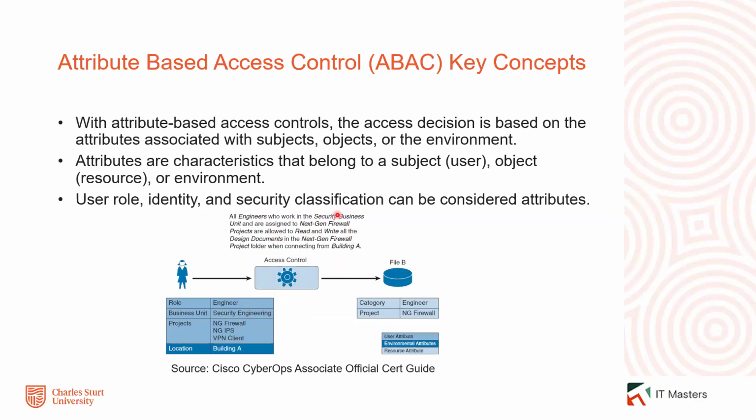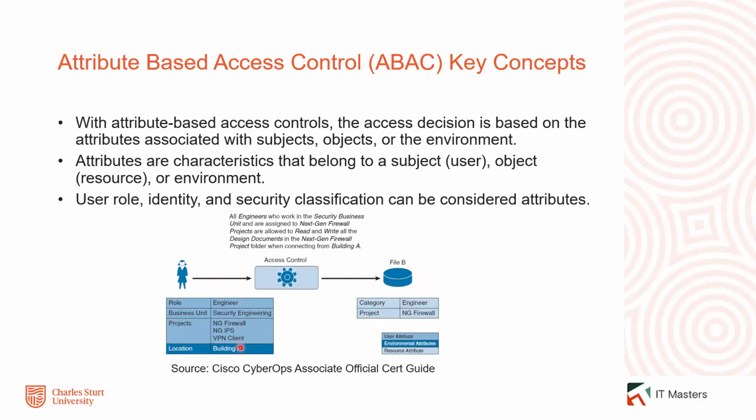So if we assume that security business unit means security engineering as well, and we see that this file is category engineer, and it's in the project folder NG Firewall, and its environmental and resource attributes allow read and write, then this particular user will be able to access that file and use it as they feel free.